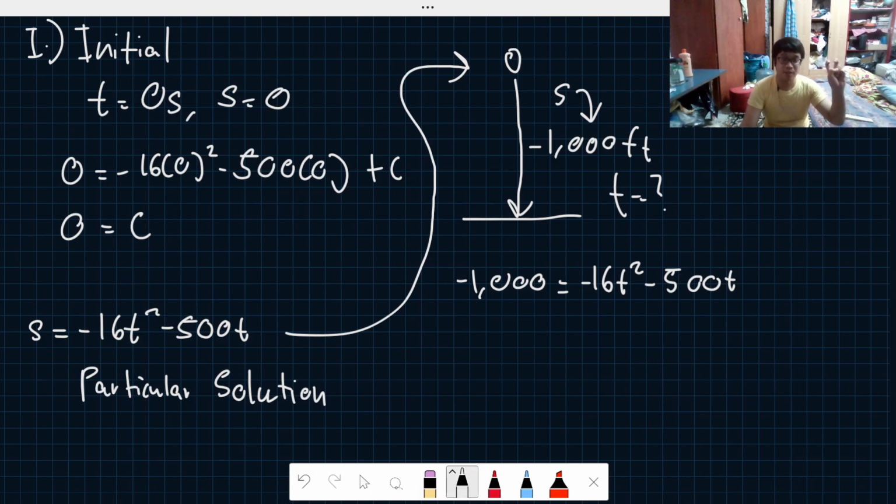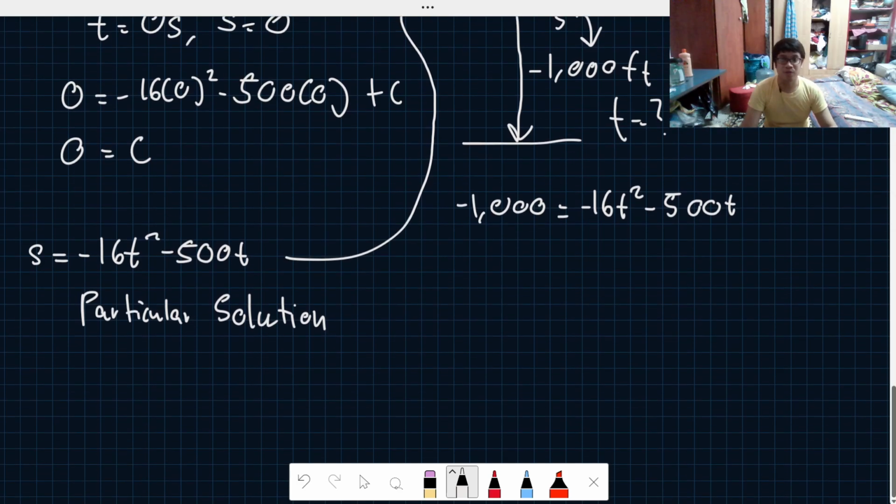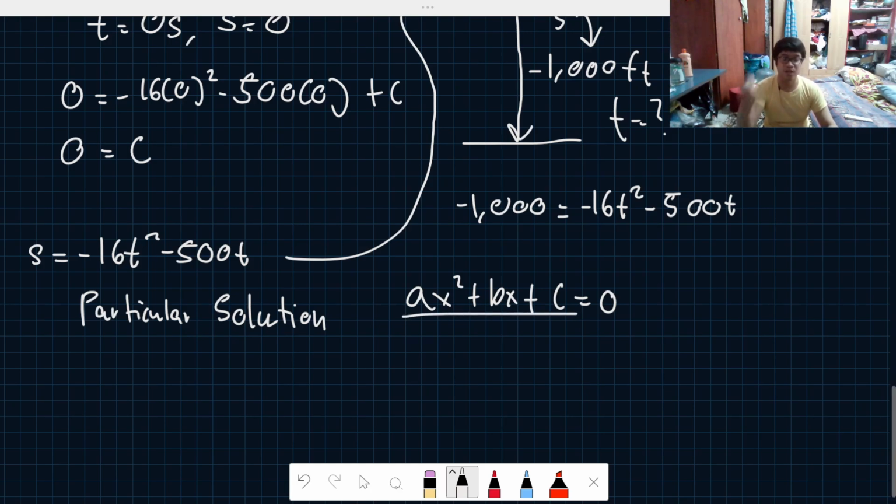Why is it called trinomial? Because a trinomial is like this: ax squared plus bx plus c is equal to 0. You have three terms: the squared term, the x, and the constant term. So it's related here actually.